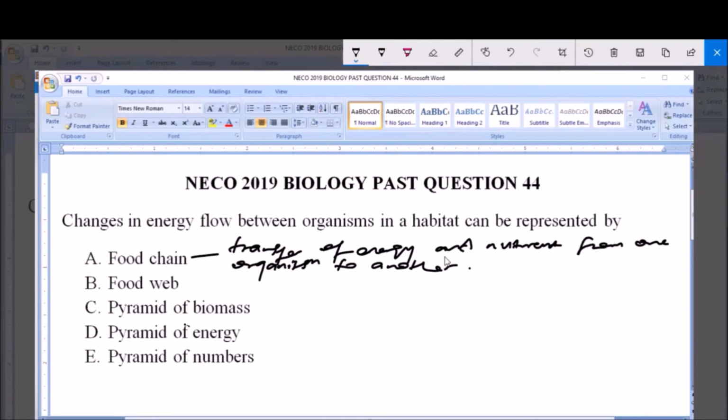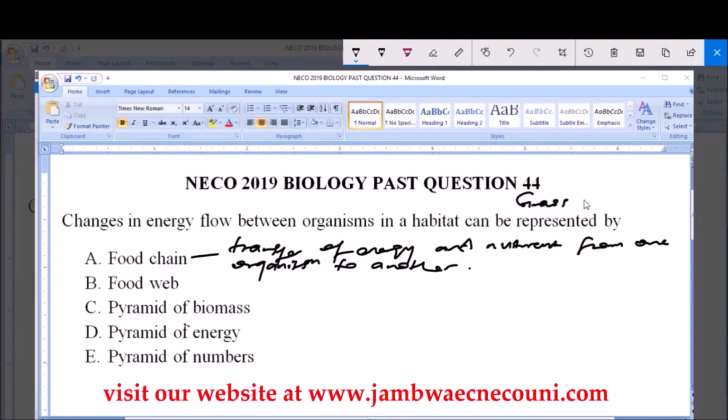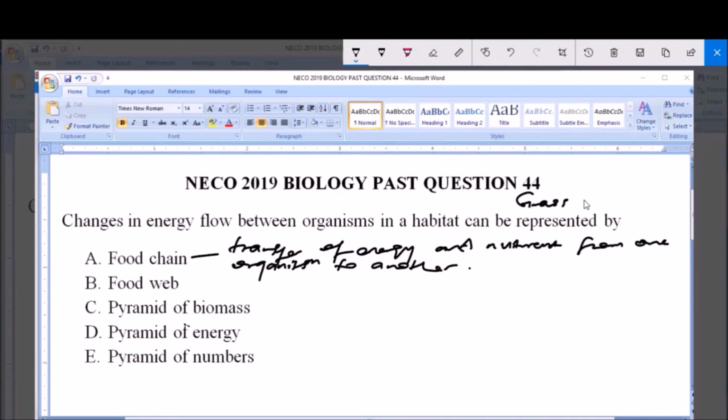Take for instance, you have grass, then maybe goats will feed on this grass, and then lion will feed on the goats. This is a food chain. You can see the transfer of energy and nutrients from one organism to another.